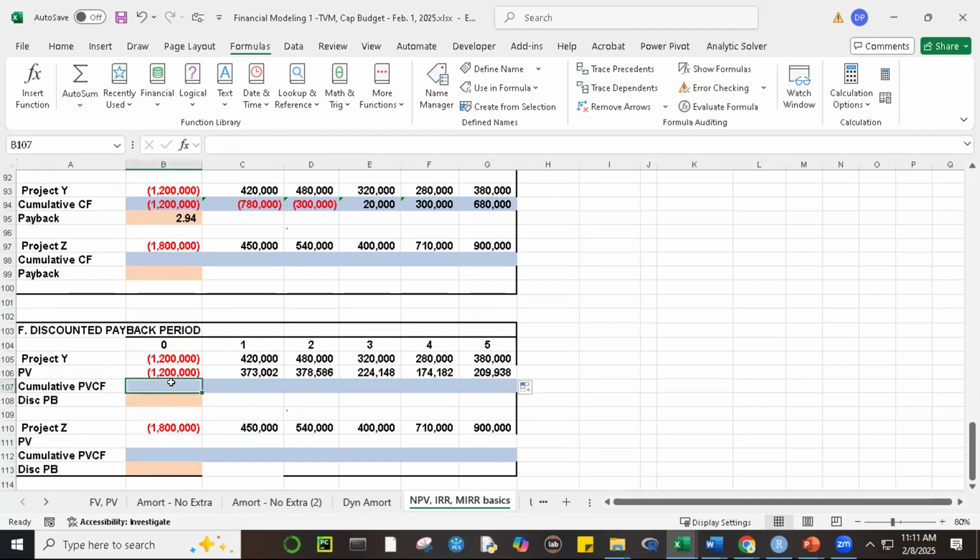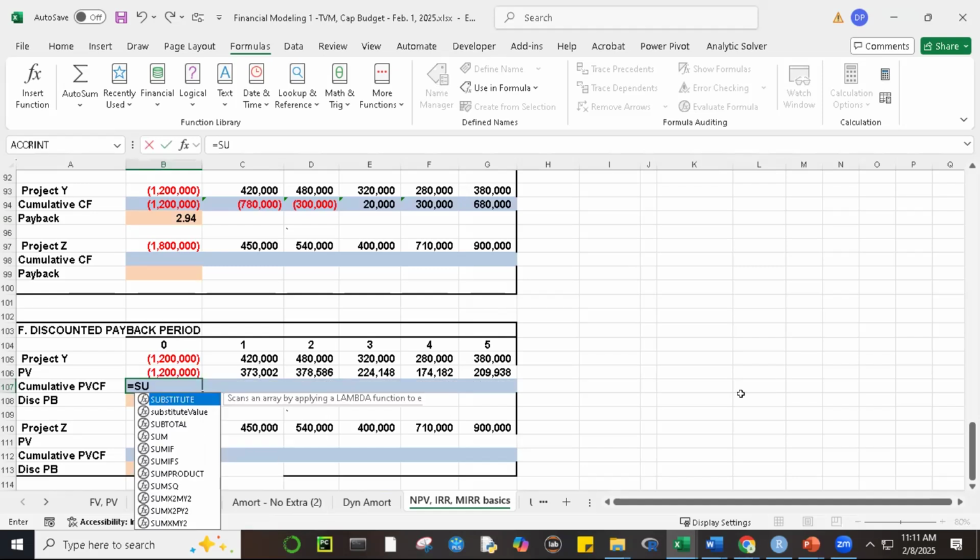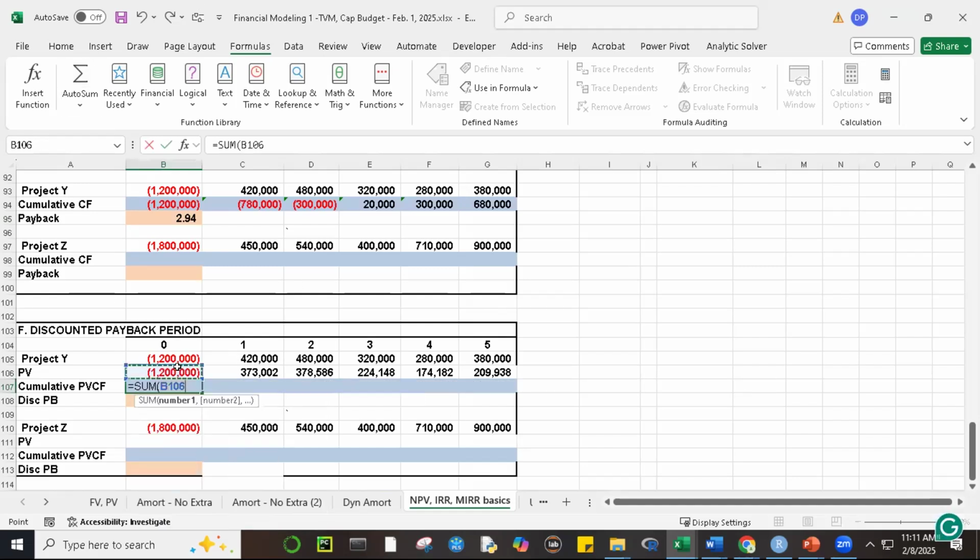And then what we cumulate is the present values. So we're justified in adding those present values because they're already present values. And we fix this. F4.